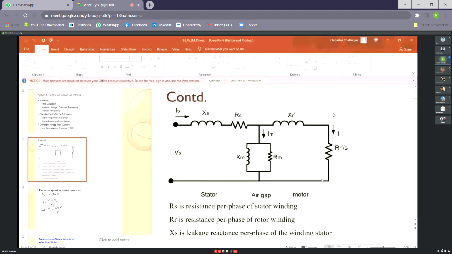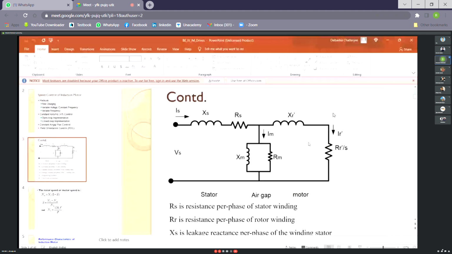So you see that the exact equivalent circuit is this one, where the XM and RM, the no load parameters, are placed in the middle, in between the stator leakage parameters and the rotor leakage parameters.